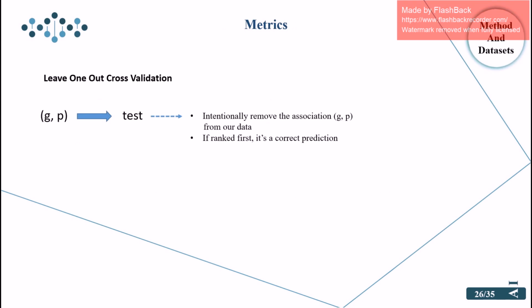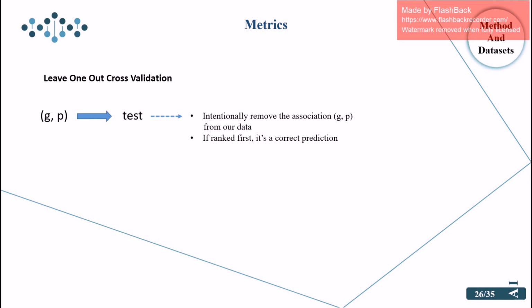Okay, now I want to explain my metrics. We used a leave one out cross validation to compare our methods with others. Each gene phenotype interaction is a test sample. P is our query phenotype, and G is its related disease gene.